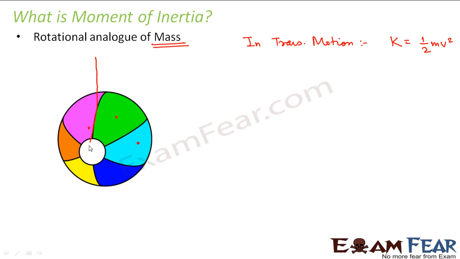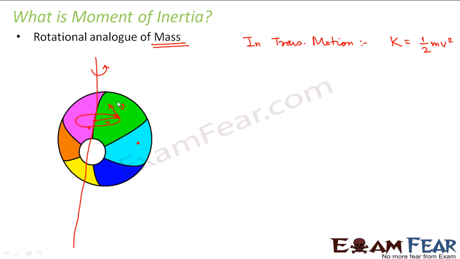Let us suppose this is the axis of rotation for this body. Now let us consider any particle, say P. This particle will be moving in a circular path in this manner, where this would be the radius of the circle. What will be the linear velocity of this particle? It will be tangential, right?